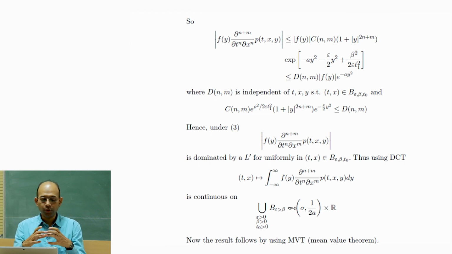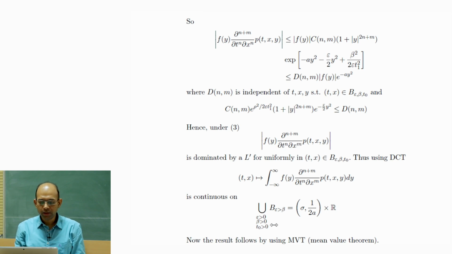So, this rectangle, and it is true that this map is continuous on this rectangle no matter what your parameters are. If you now decrease the parameters, epsilon, etc., you are going to get larger and larger rectangles, and if you now take t naught as close to 0, you are going to cover the time t equal to 0 part. If you take beta as large as possible, then you are going to cover the whole real line.